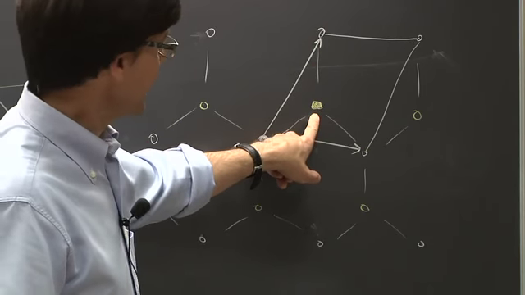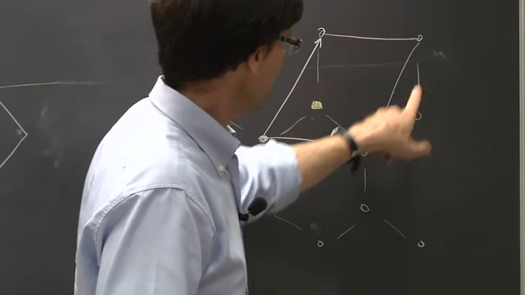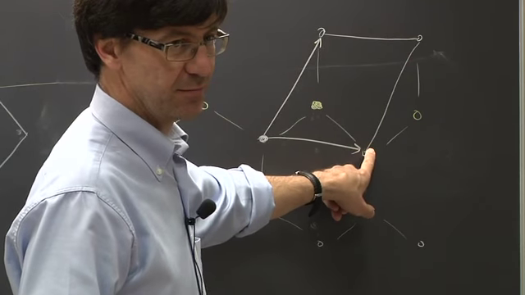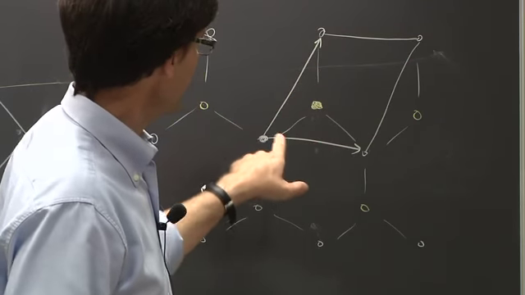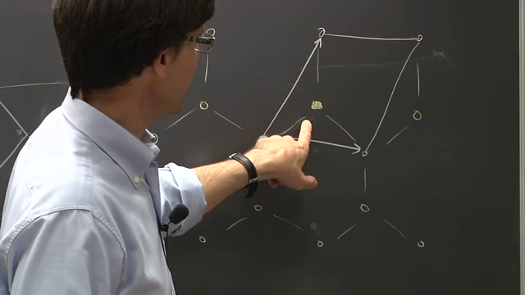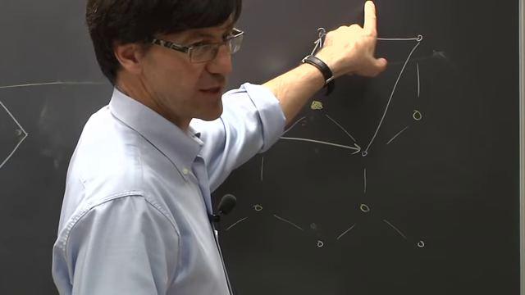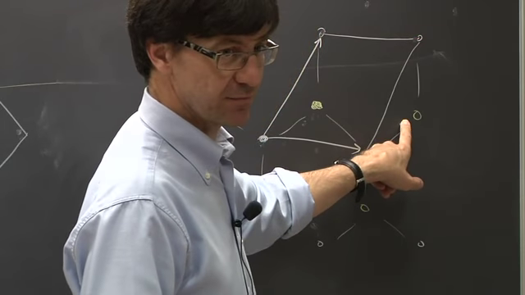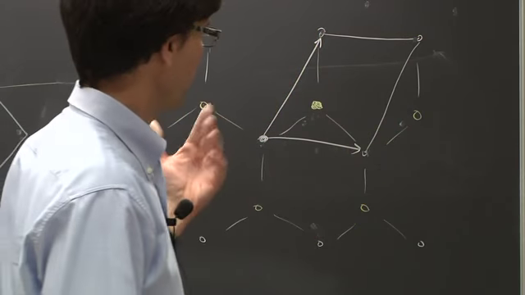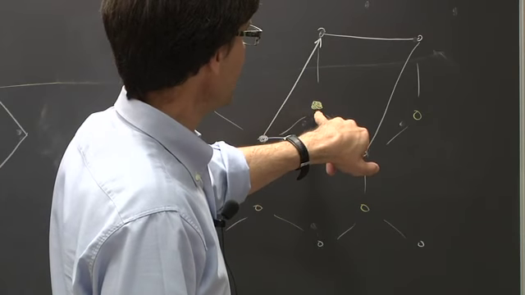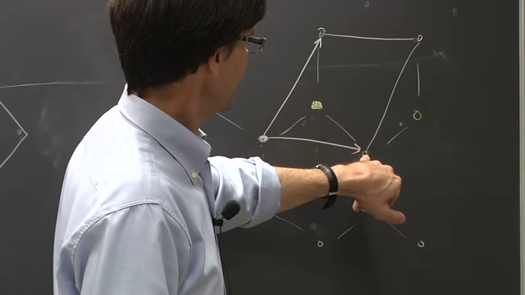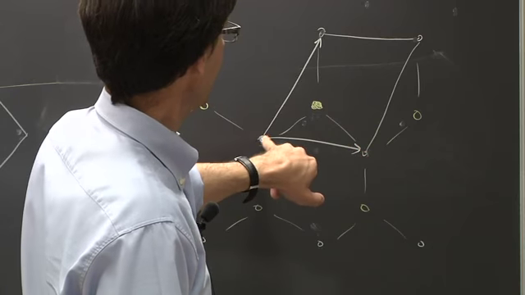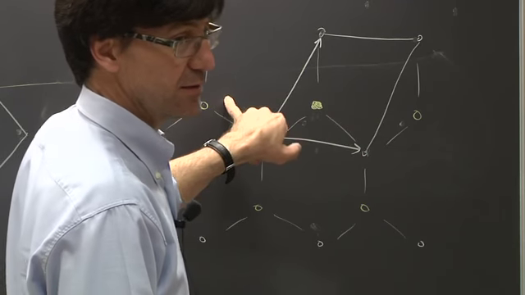When I say this, however, I'm not considering these extra points because I need to choose. If I say that this point belongs to this unit cell, clearly this one will belong to the next one, and this one will belong to the next one, and this one will belong to the next unit cell. So I have to decide where to place it. I could say the 2 points in my unit cell are this and this. Well, then clearly this point will belong to the unit cell here, and so on and so forth.